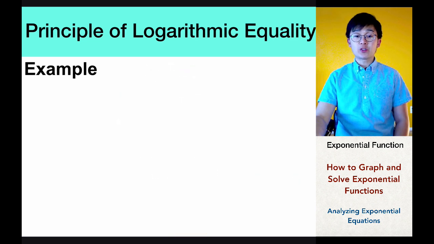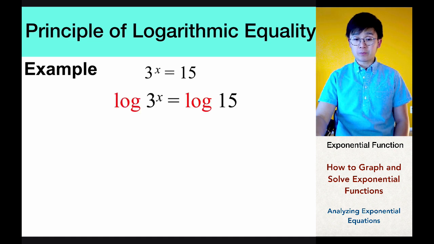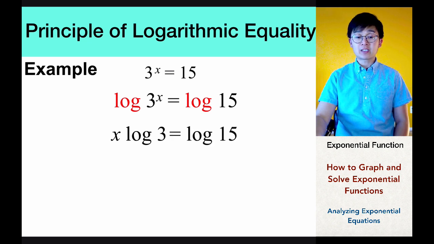exponential function. So kung meron tayong 3 to the x equal to 15, tulad ng ginawa natin kanina, imumultiply natin yung both sides by logarithm at using the property of logarithm or exponential property ng logarithm, pwede nating ibaba si x at magkakaroon tayo ng x log of 3 equals log of 15.